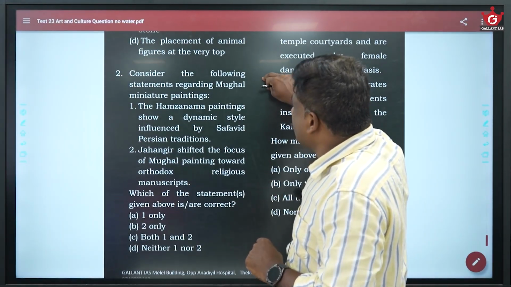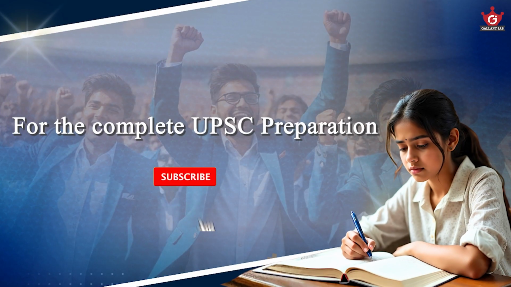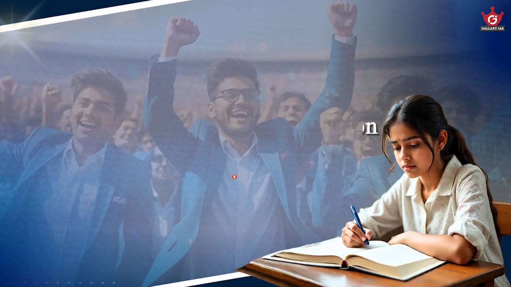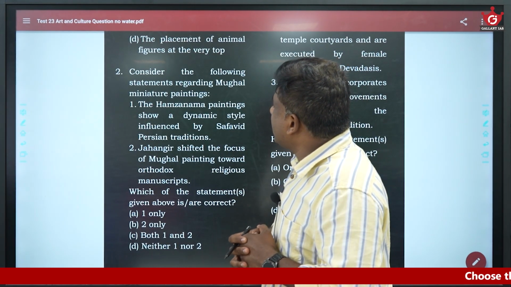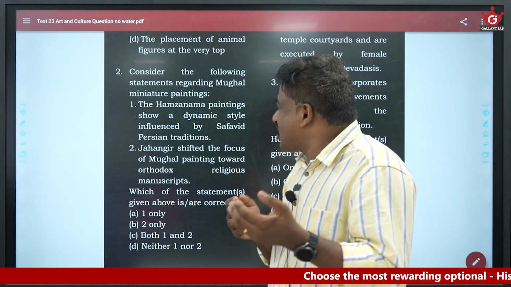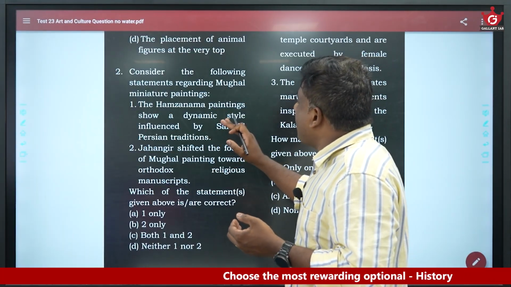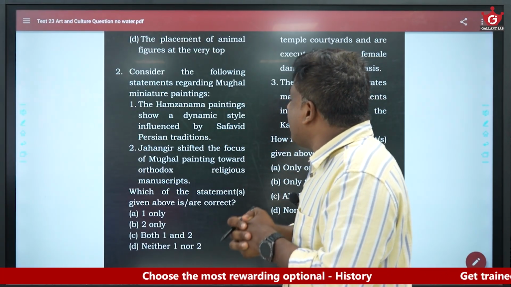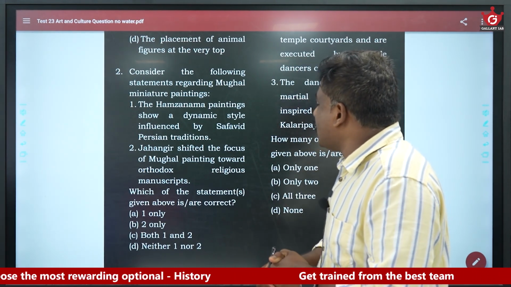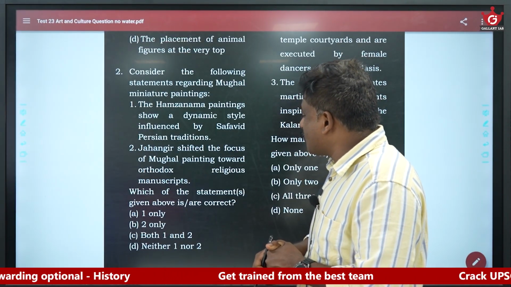Okay, moving on to this. Consider the following statements regarding the Mughal miniature paintings. With regard to Mughal miniature painting, the Hamsanama painting shows a dynamic style influenced by Safavid Persian traditions. Jahangir shifted the focus of Mughal painting toward orthodox religious manuscripts.